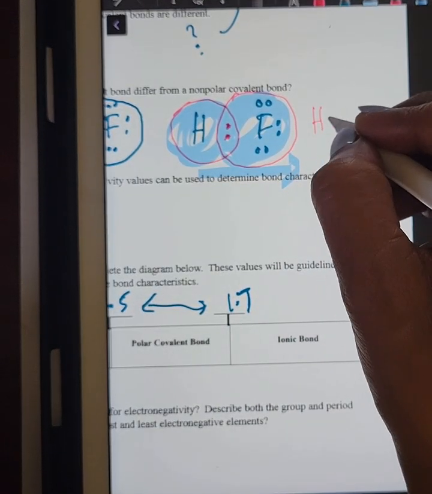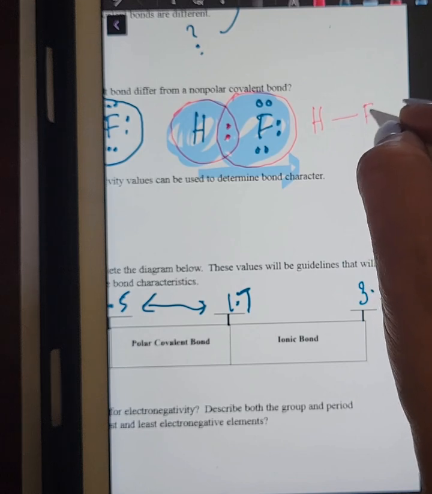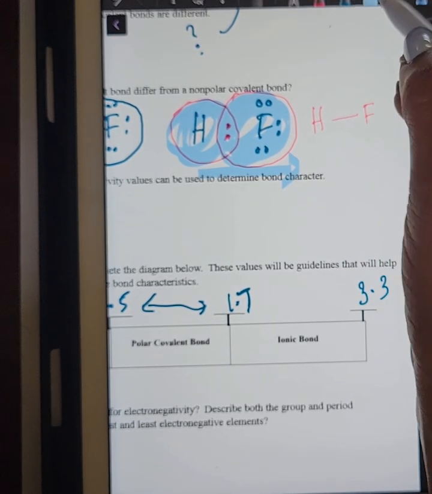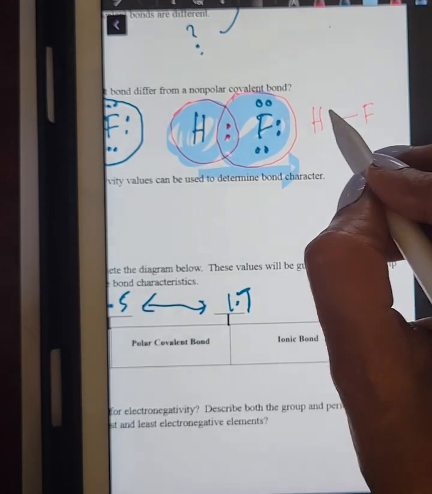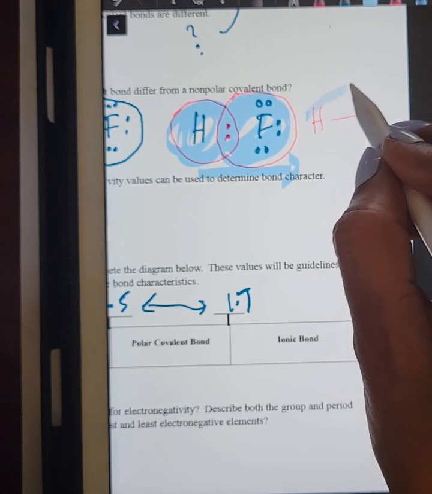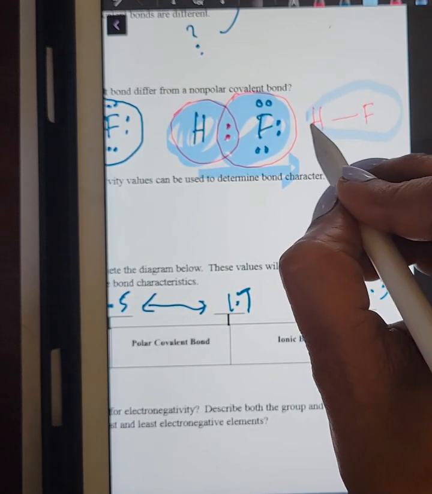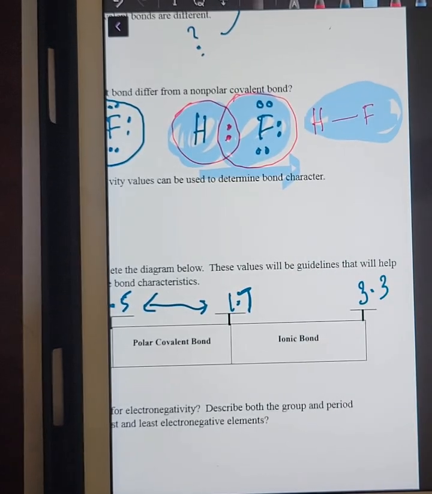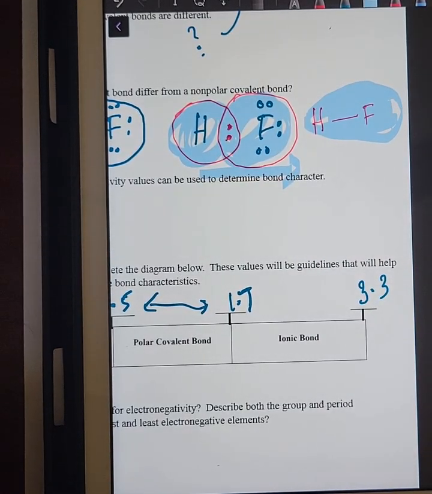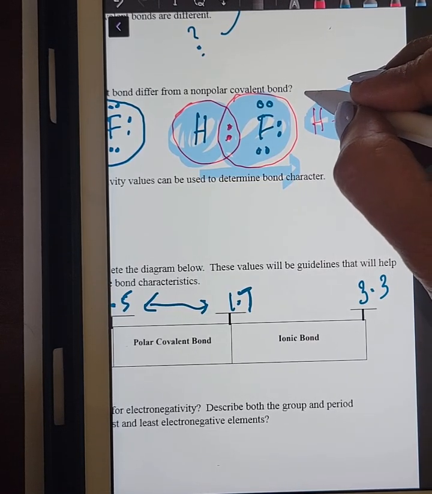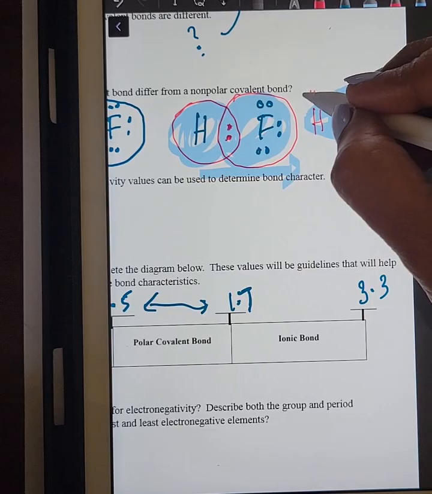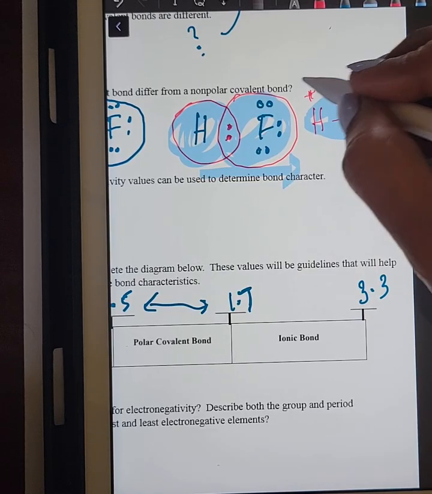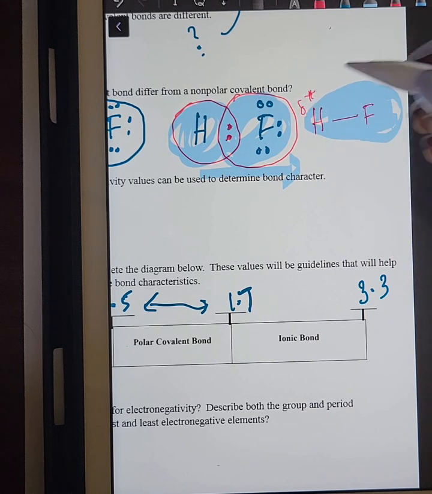So hydrogen will get less of the electron cloud, like this. If I draw the orbital, there will be more here and less here, like this. That type of covalent bond is called a polar covalent bond. The reason is, since hydrogen is losing a little bit of electron, I am going to give it a positive charge, but it is not completely gone, so I can't give a total positive. I am going to write a delta symbol.